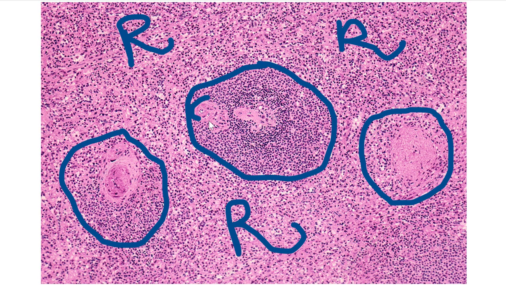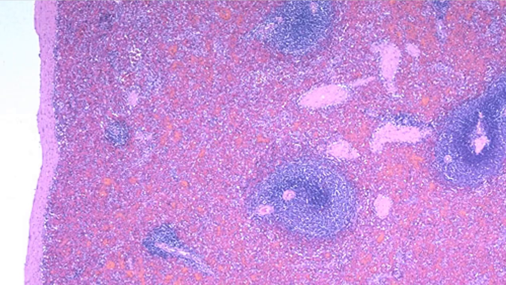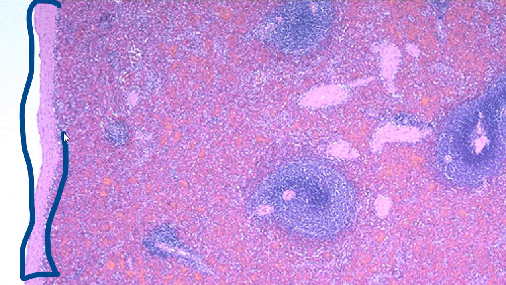Inside of the white pulp, we have our central arteries. Okay, and it looks like this one's one too. This would be the capsule of the spleen.